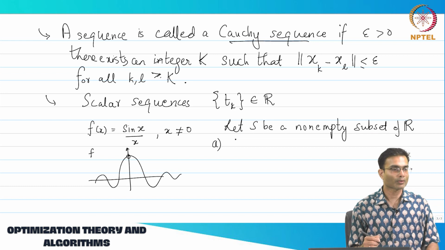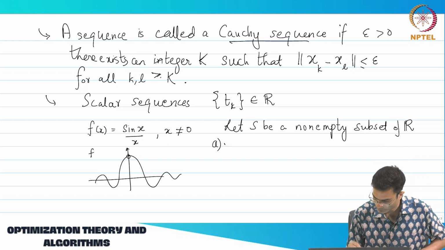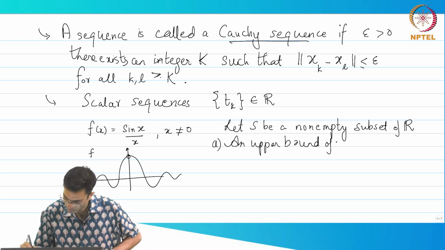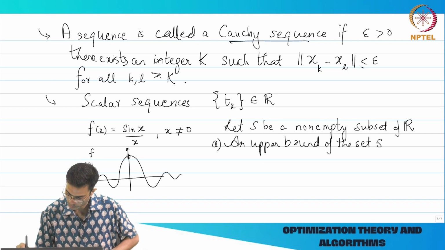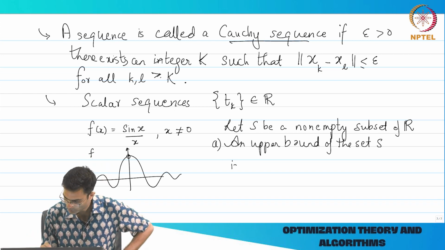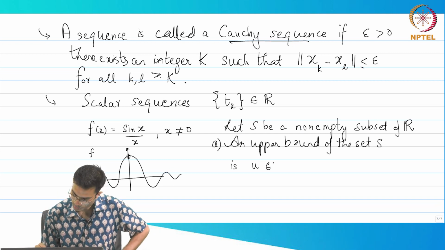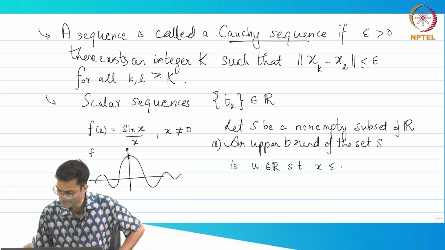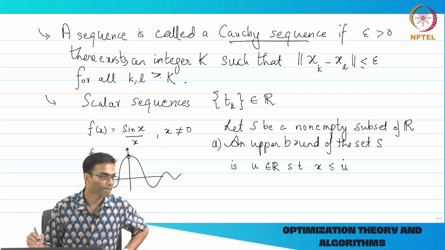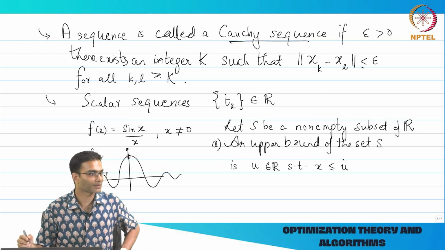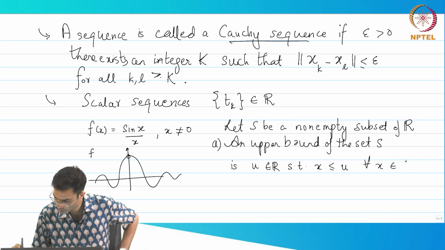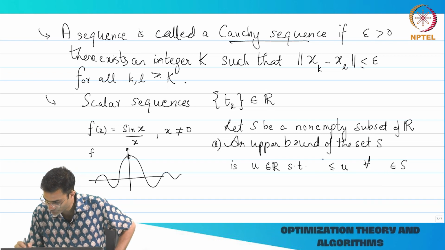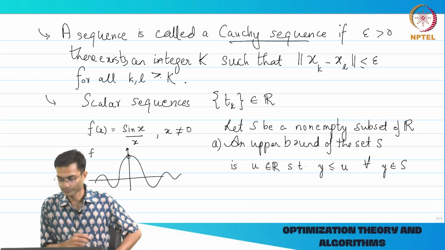Let's talk about the upper bound of this set. It's going to be U belonging to R, such that x is less than or equal to U for all x belonging to S. Actually, just to make life a little less confusing, I'm going to call this Y. Same thing.